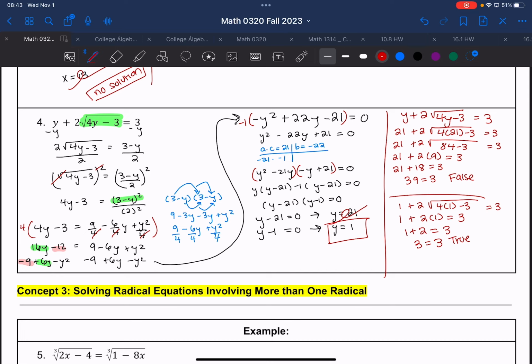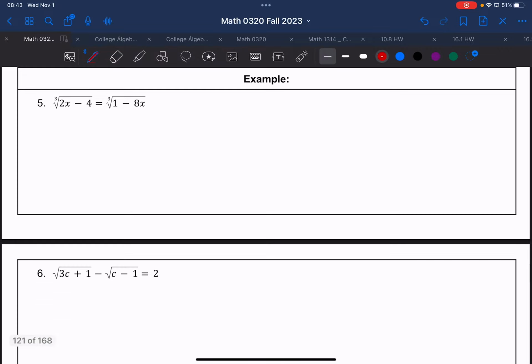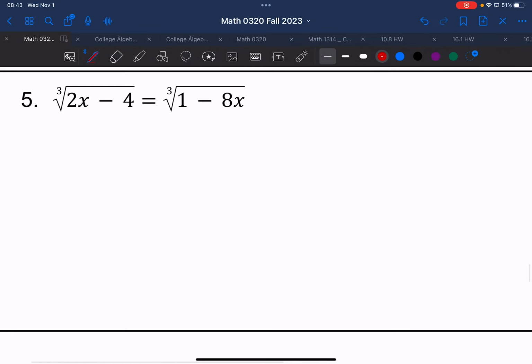Now let's look at the next concept where we have more than one radical. When we have more than one radical, we choose one radical at a time to get by itself. Okay? Notice how both of these radicals are already by itself, and what else is similar between them?